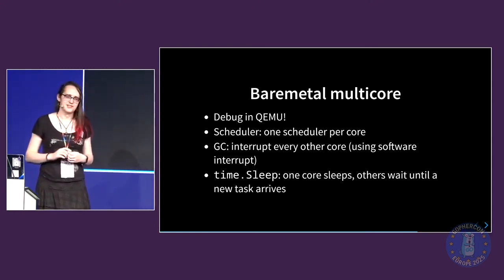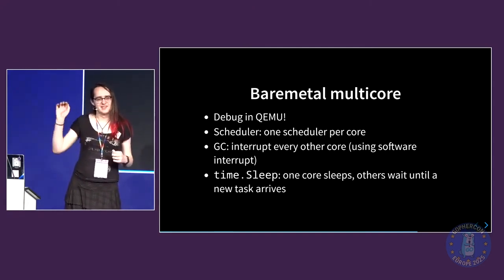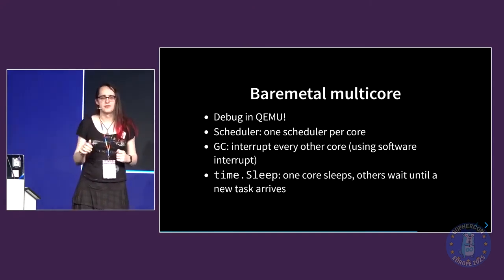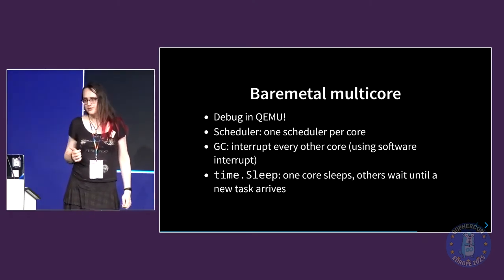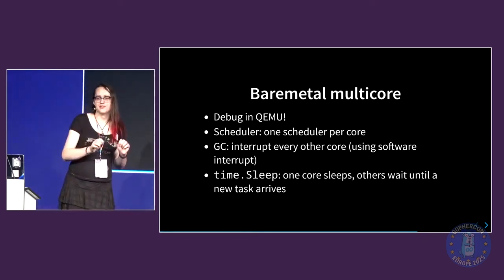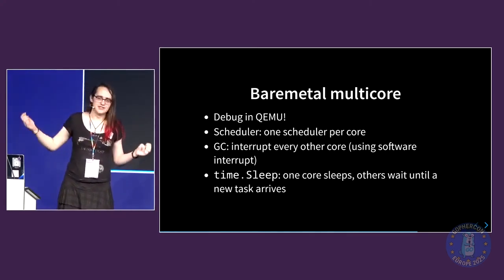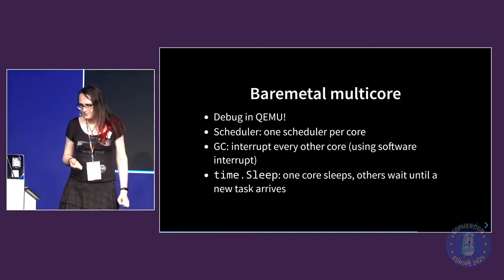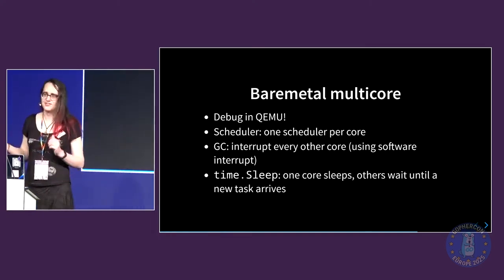For garbage collection, we basically just interrupt all the other cores and let them wait until the stop-the-world phase is finished. This is done using a software interrupt. And for time.Sleep, one core uses the clock to sleep, and all the other ones are just waiting until there's a goroutine to run. So that's all in software, and all in emulation.